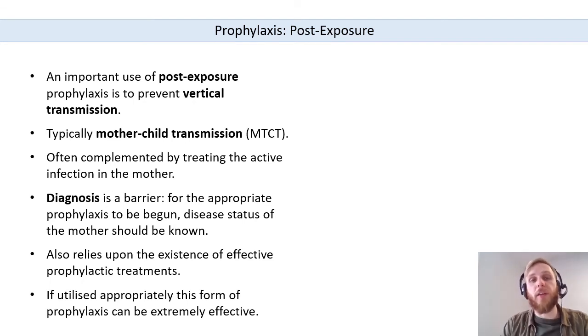It's not a perfect strategy because it relies upon us actually having these prophylactic treatments. It also relies upon us knowing the status in terms of infectious disease of the mother. So there are challenges here, but it has proven to be a really useful strategy in, again, preventing the mother to child transmission, so this vertical transmission.